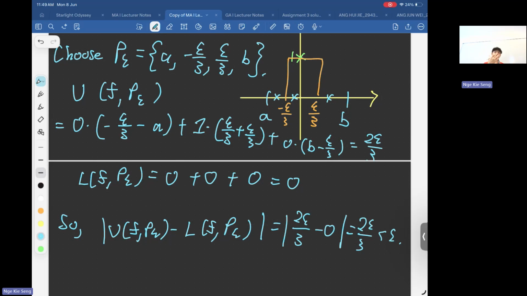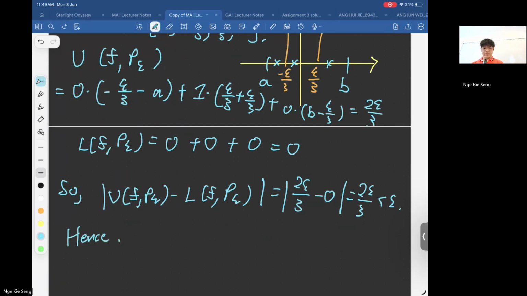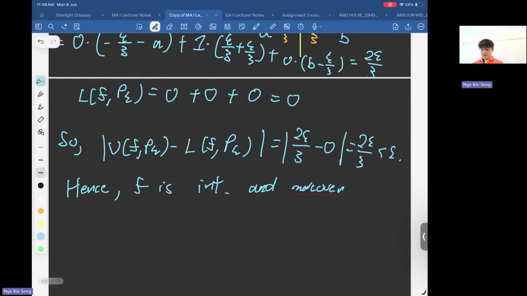So we found a P epsilon for all epsilon such that the difference UFP epsilon minus LFP epsilon is less than epsilon. Hence F is integrable. Moreover, this integral should be equal to UF and LF.